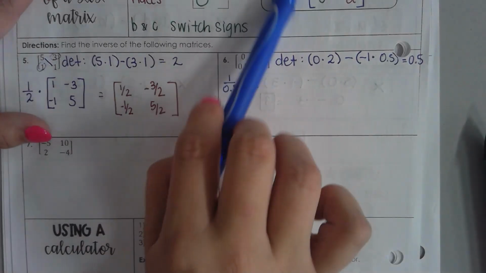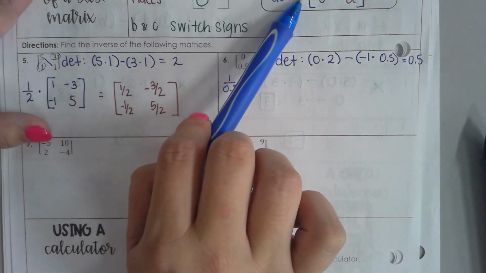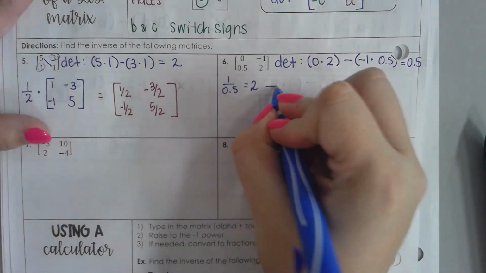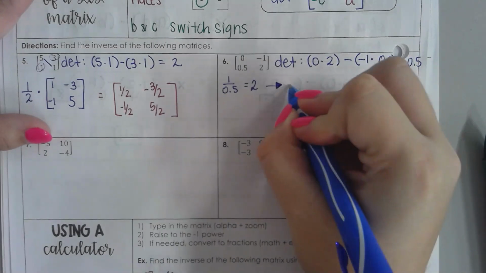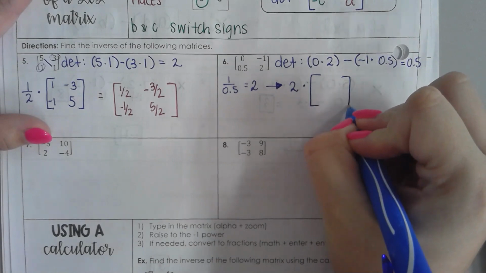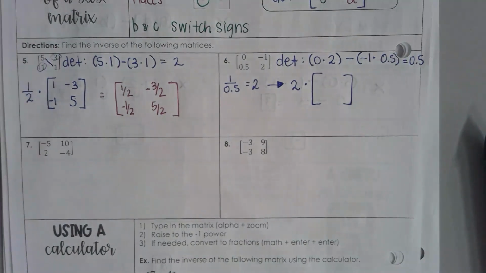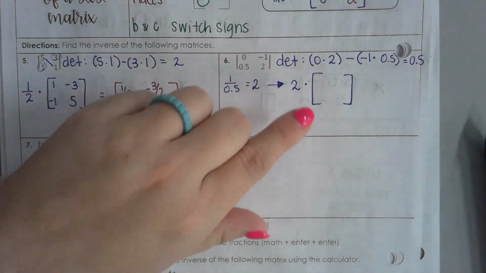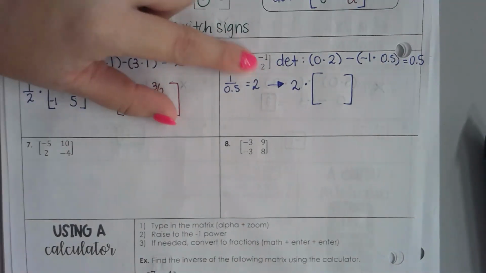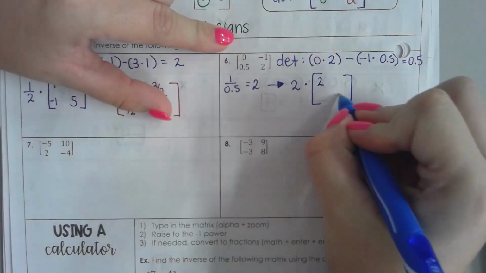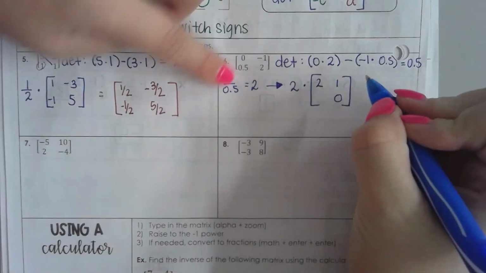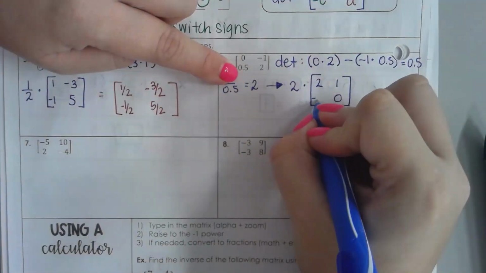So I can write this as 2 times the matrix. So 2 times, the 0 and 2 switch places. The -1 becomes +1, and this 0.5 becomes -0.5.